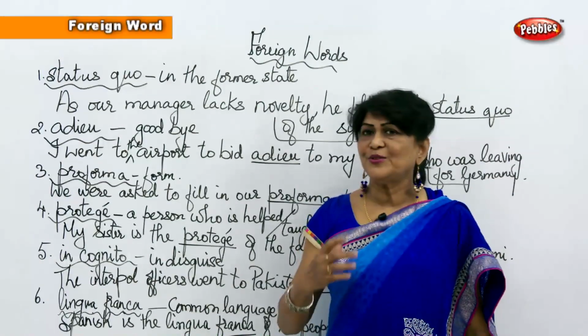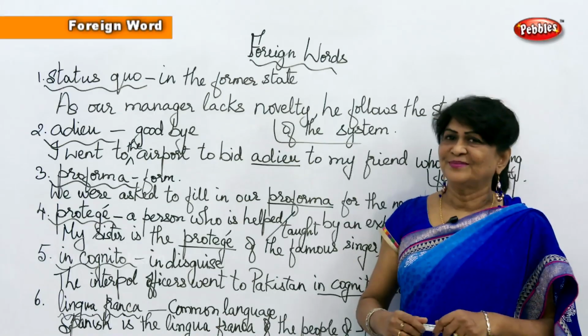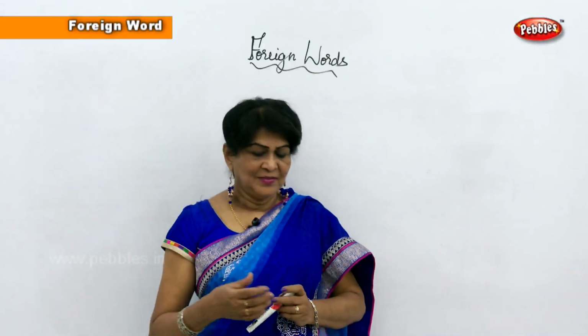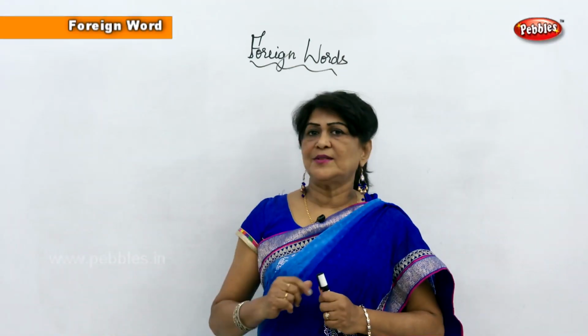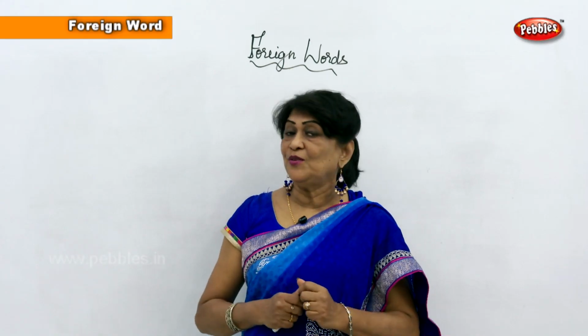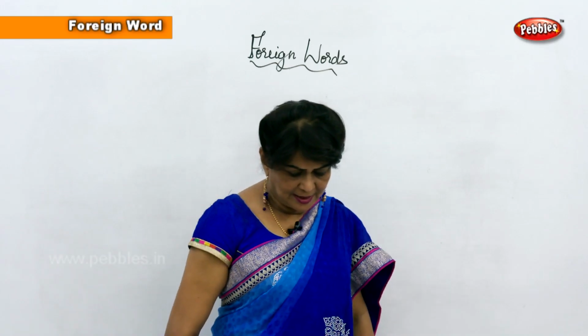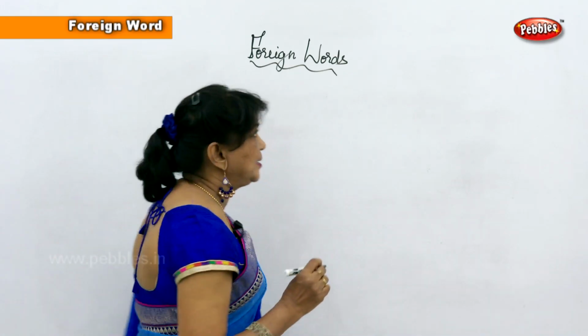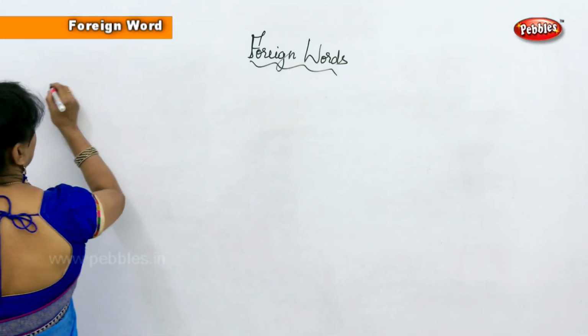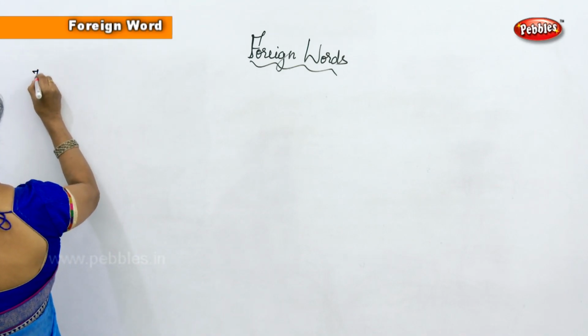This is how you are going to impress everyone. We have learnt 6 foreign words and I am going to give you some more. Okay, shall we go ahead? The next word is sans, S-A-N-S, sans.